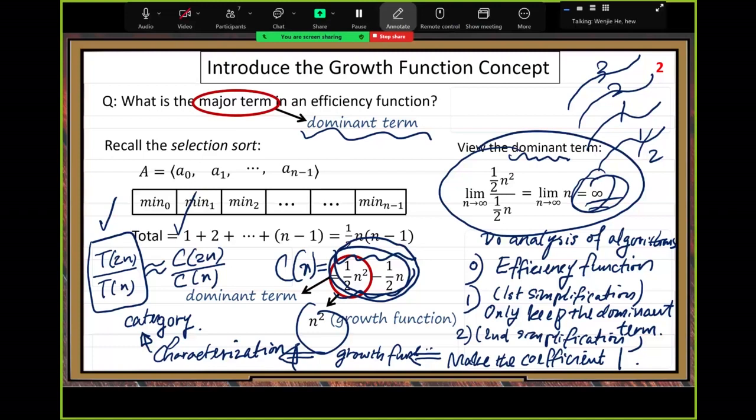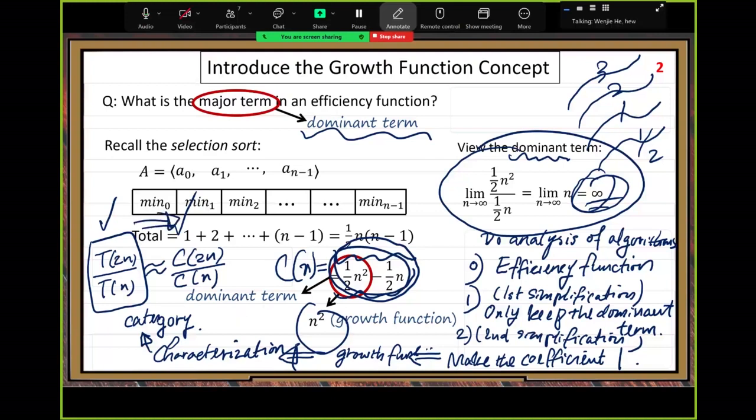T is the running time function. T is not the growth function. So here, we do not work on T. We work on the C function.